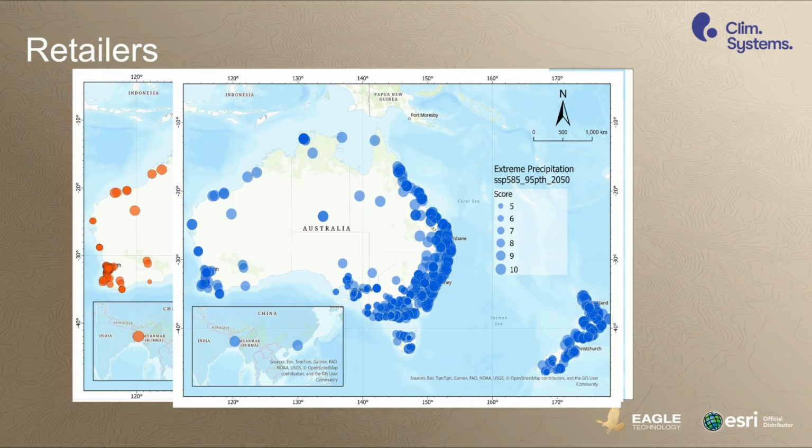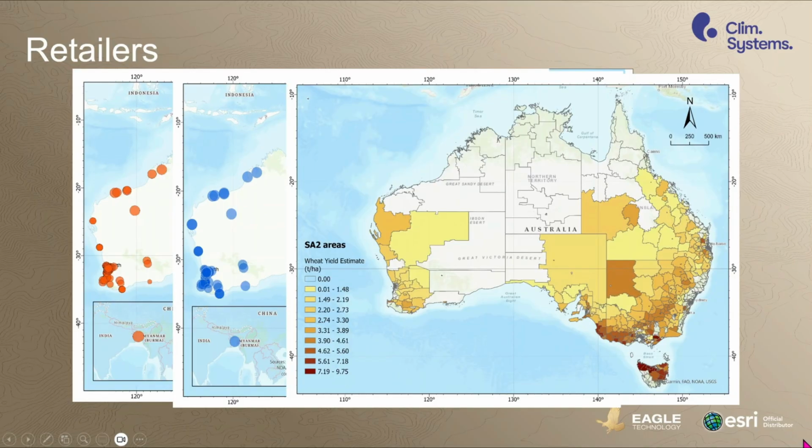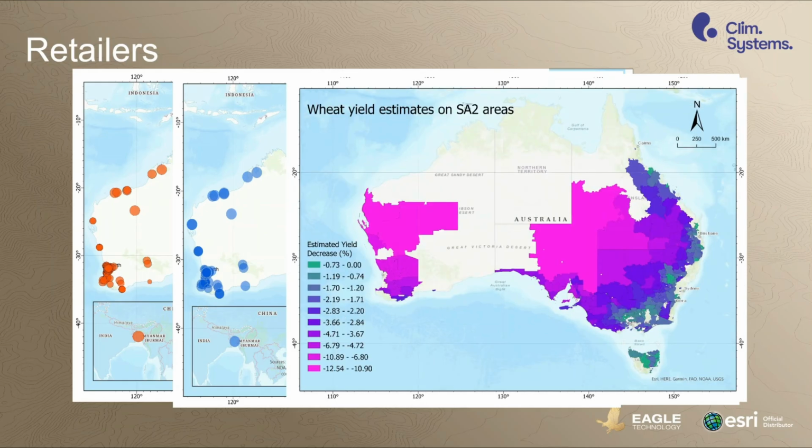There are different scales at which we can look at this as well. In SA2 areas, you can look at wheat yields historically and also the future in terms of the impact that climate change may have on these wheat yields, for example, here in Australia.